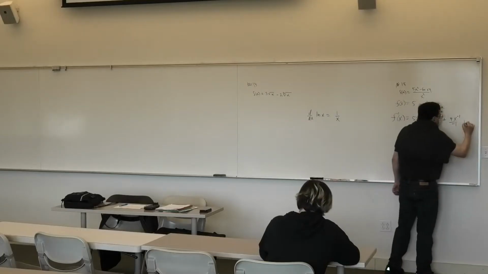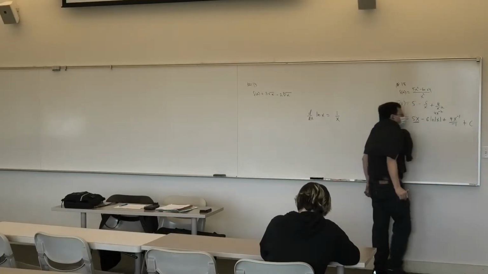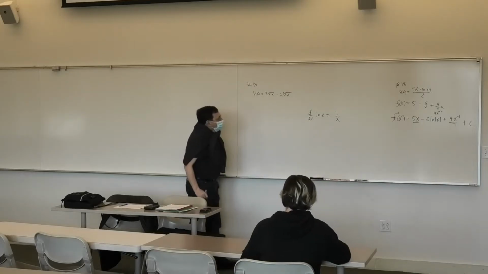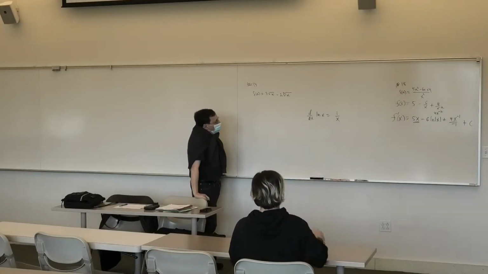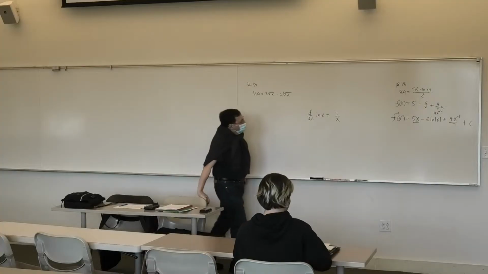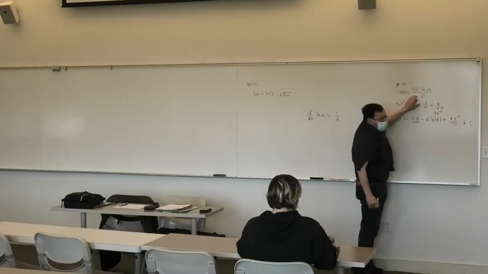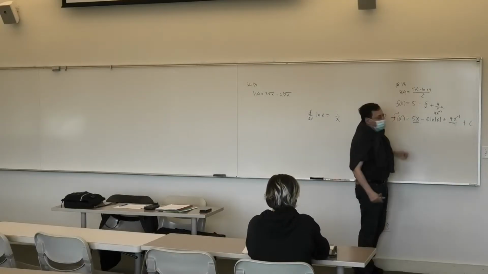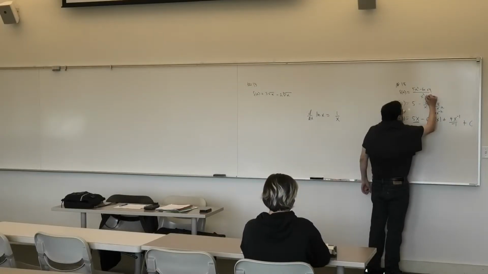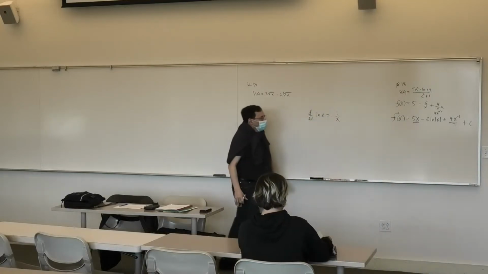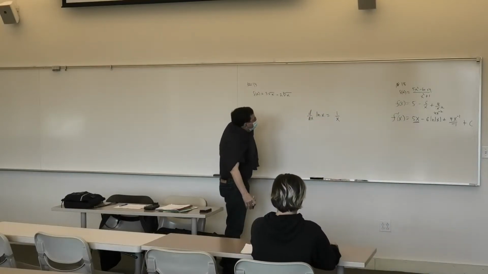And don't forget the constant of integration. So that's how you would handle this. This becomes a totally different problem if I go like that. And we're in a different world, and we don't know how to do that yet.